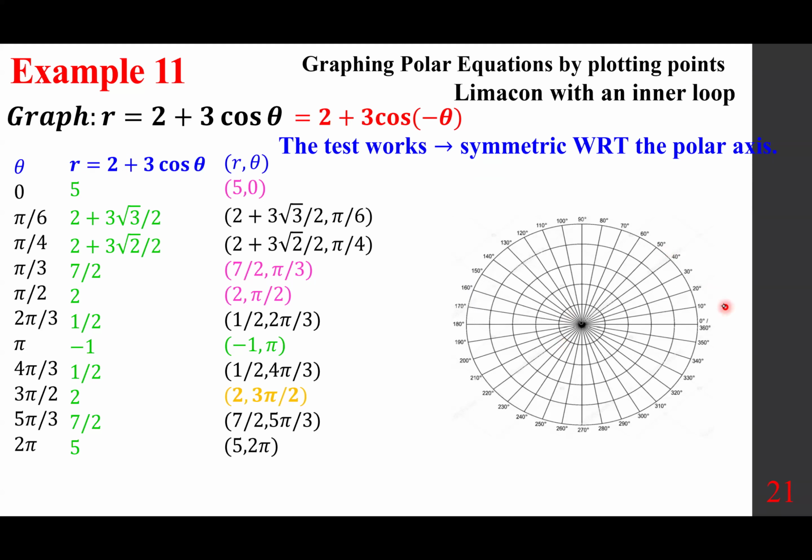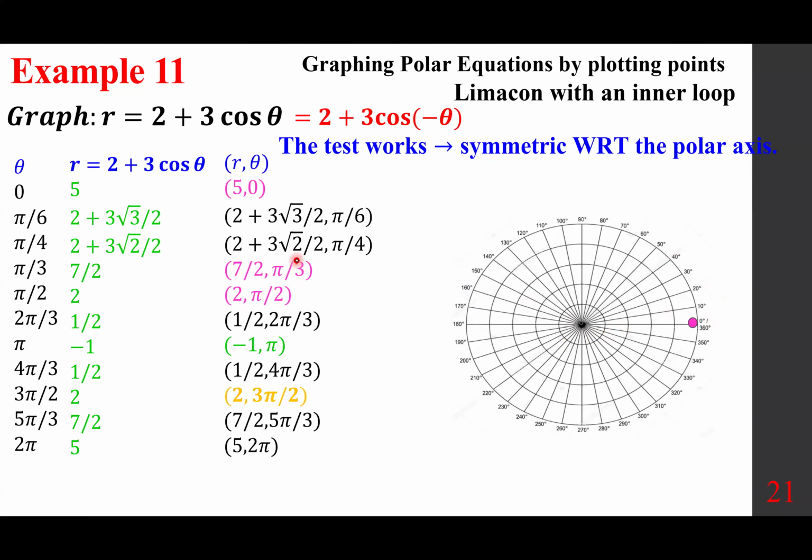Let's plot easy points, class. 5, 0. So this is 0. You go with the angle first and then 5: 1, 2, 3, 4, 5. I don't want to go with those. I want to go with easy ones. 7/2 and pi over 3.